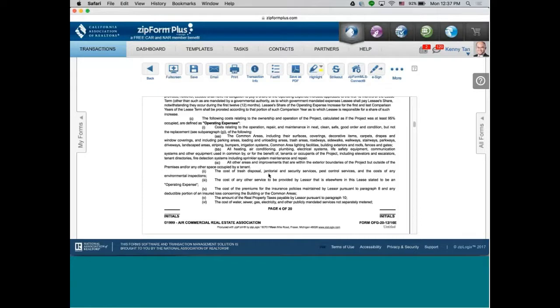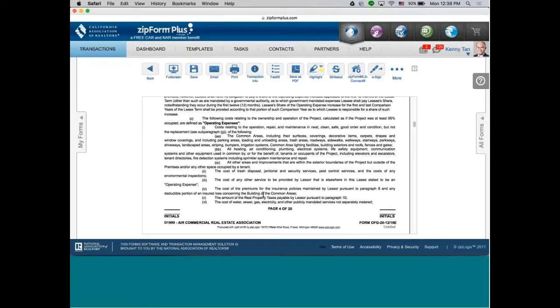And the cost of trash disposal, janitorial and security services, pest control services, same as in the net lease. Cost of any other services to be provided by lessor that is elsewhere in the lease stated to be an operating expense, same as in the net lease. Cost of the premiums of the insurance policies maintained by lessor pursuant to paragraph 8 and any deductible portion of any insured loss concerning the building or the common area, the same.